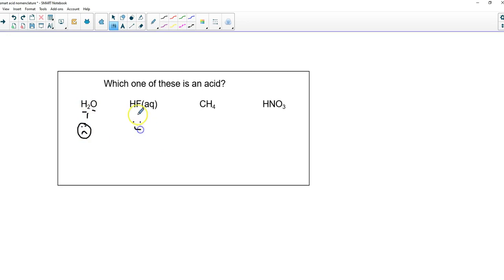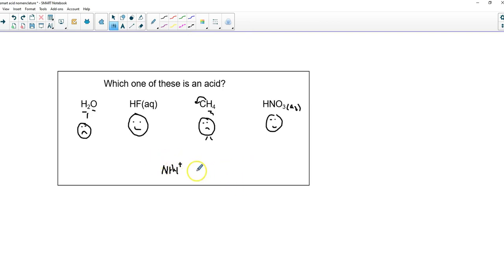This one, yes. It's called hydrofluoric acid. This one has H's, but because the H's are not out front, we wouldn't recognize it, and it's just not acidic. This guy right here is, yes, again, we left off the aqueous, but okay. Another example I might have would be NH4+.